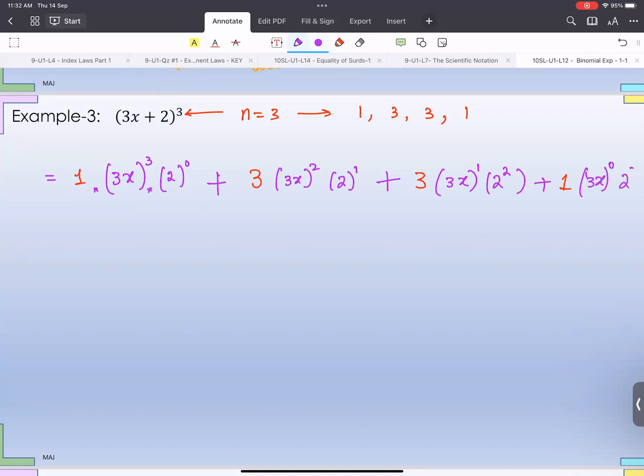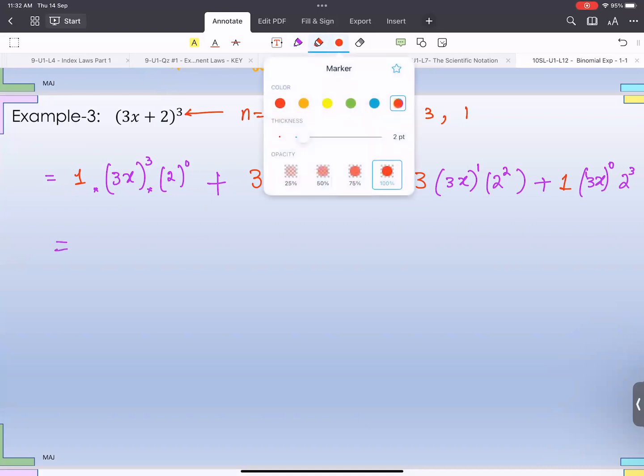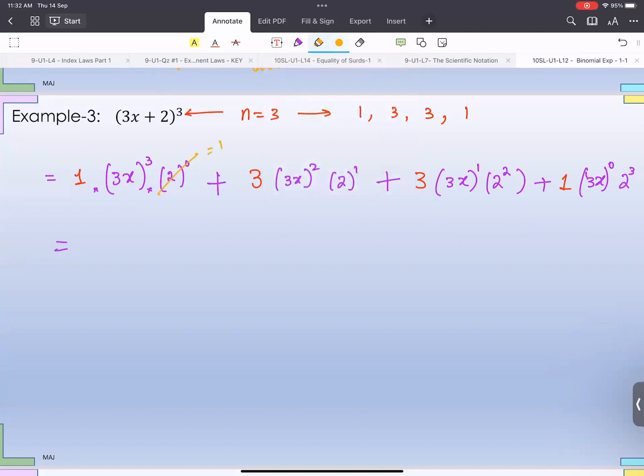Multiplied by 2 cubed. So let's simplify this. Now this becomes 1, and this becomes 1. Okay, so we don't need those. 3 to the power of 3 times x cubed plus 3 times 9 times x squared times 2 plus 3 times 3 times x times 4 plus 2 cubed is 8.